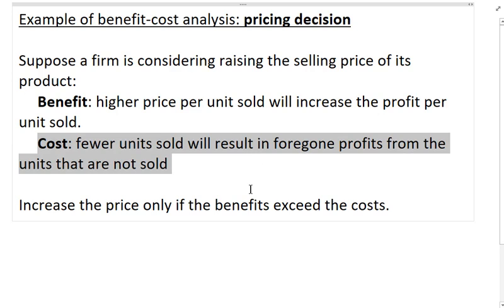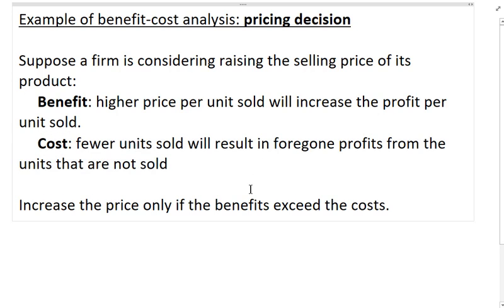Now, as we'll see, it turns out for some firms, especially firms that don't have a lot of competition, it sometimes makes sense to restrict the quantity produced in order to keep the price high and profits high. So a business with less competition would tend to have a higher price and a smaller quantity than a business that has a lot of competition.